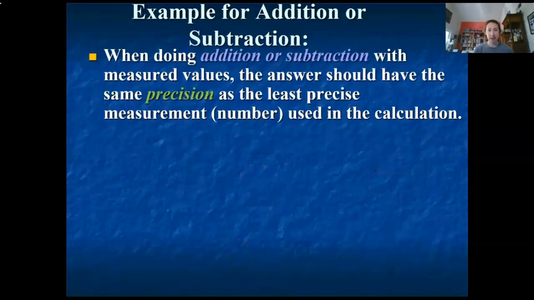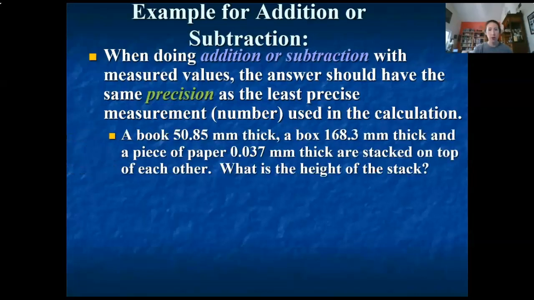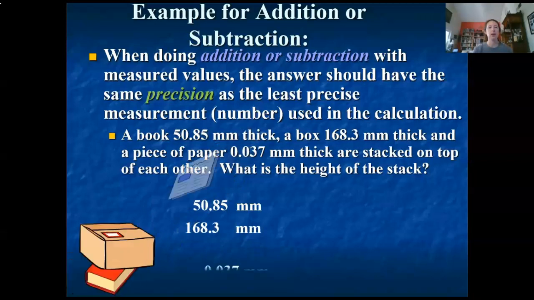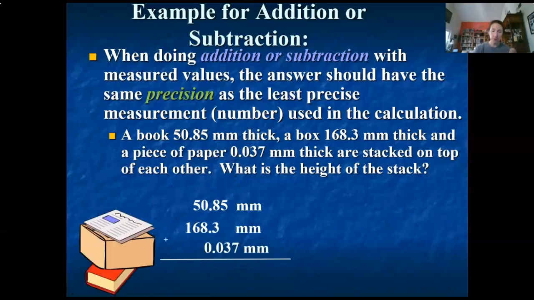So let's look at adding and subtracting. With multiplication and division, it's the least total, right? But with adding and subtracting, it's the least precise. Let me talk about what least precise means. Let's say you have a book, a box, and a piece of paper. Now I want to know what's the height of this stack.